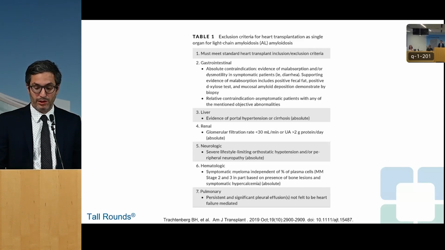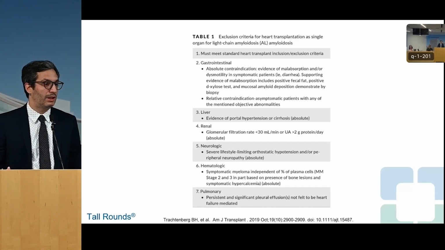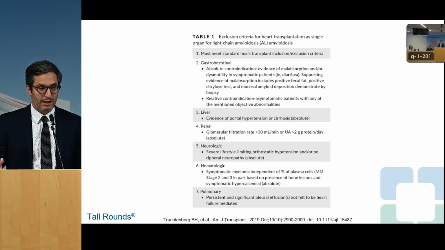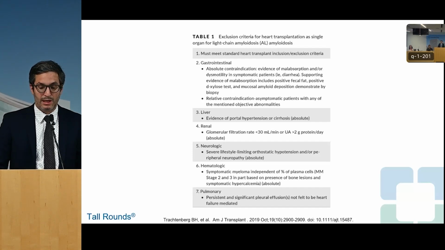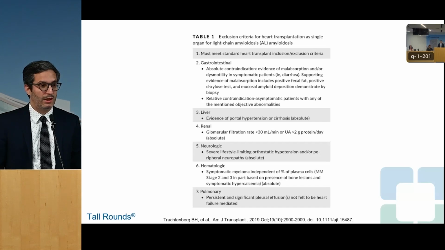If they have renal disease with a GFR of less than 30 or more than 2 grams of protein in the urine, if they have significant neurological disease with severe lifestyle-limiting orthostatic hypotension or peripheral neuropathy, if they have a symptomatic myeloma, like I mentioned before, or if they have recurrent effusions indicating some pleural or lung involvement, that is also something we take into consideration when we talk about these patients in our transplant committee meetings.